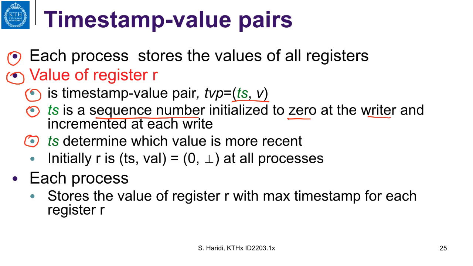So we use the timestamp to determine which value is more recent. This is important because we need to read the most recent value. Now, at all processes, register R is also a timestamp value pair, where the timestamp is 0 and the value is some initial value according to the type of that register.